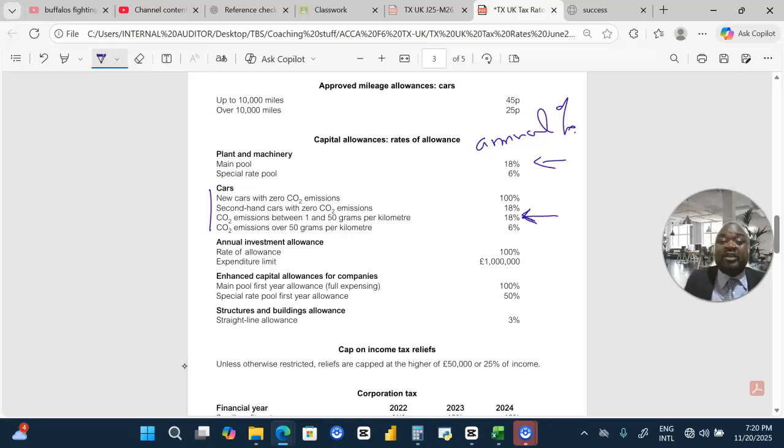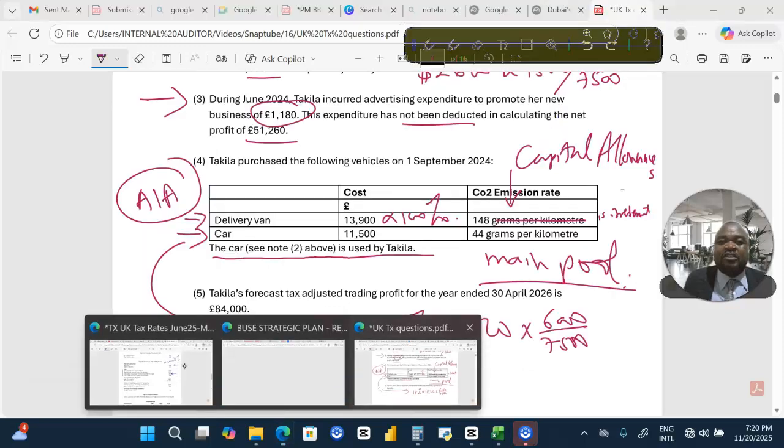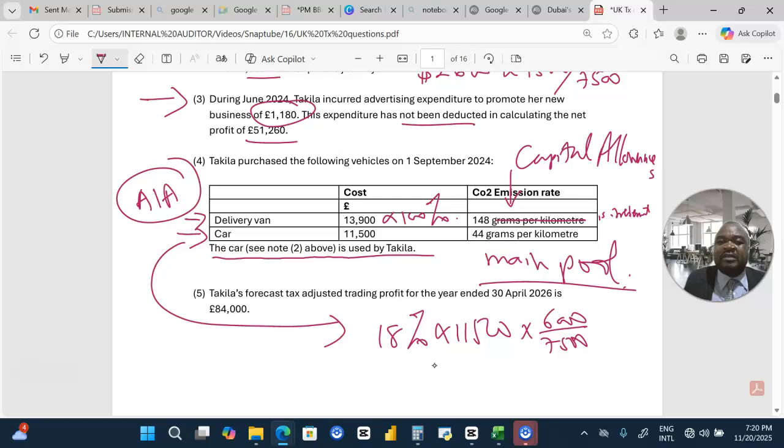It was only in operation for 8 months. So we need to prorate accordingly. So we then have to multiply by 8 over 12. And you get the allowance that Takila should enjoy.